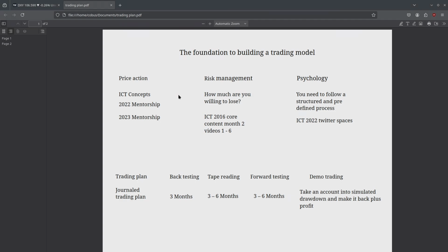If the fair value gap does not resonate with you, that does not mean that the 2022 mentorship is not going to work for you. You take the fair value gap and replace it with something like a breaker block, or replace it with something like an order block. You could even replace it with an inversion.